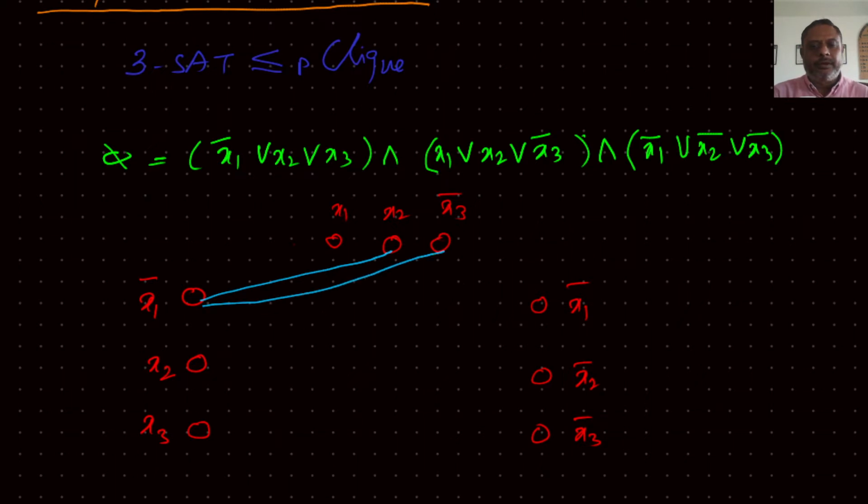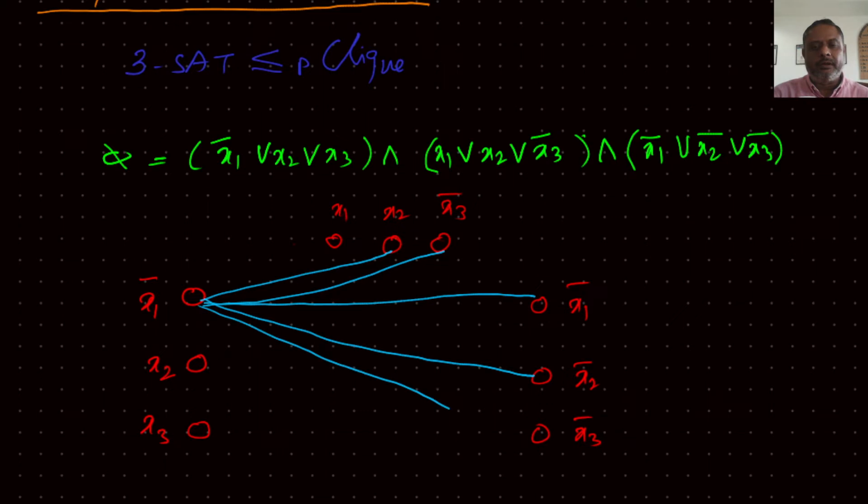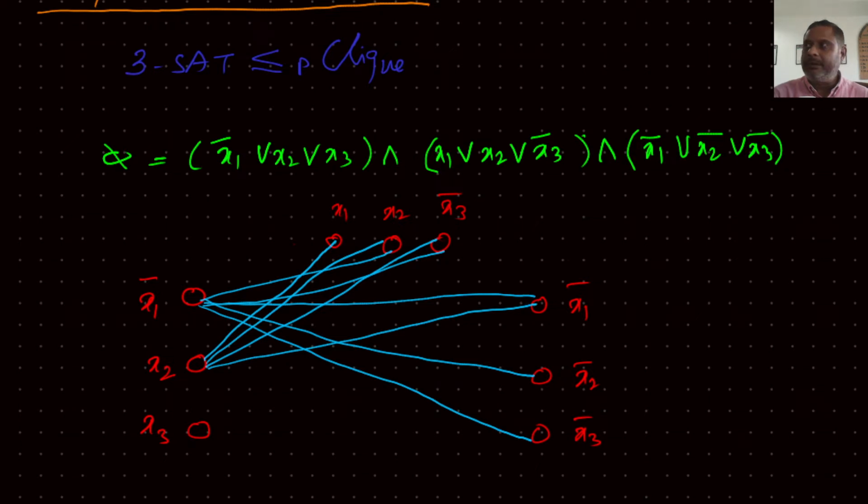So x1 bar, x2, no problem. x1 bar, x3 bar, no problem. x2, x1, no problem. x2, x2, no problem. x2, x3 bar, no problem. x2, x1 bar, no problem. x2, x2 bar, we can't connect. x2, x3 bar, no problem. x3, x1, no problem. x3, x2, no problem.